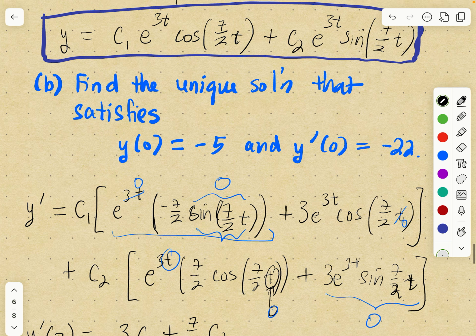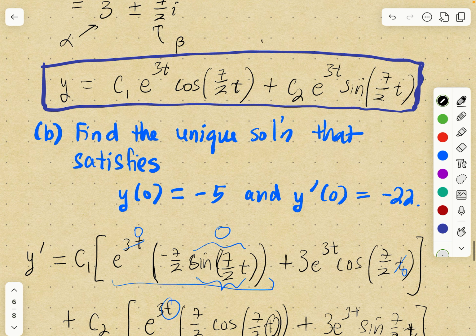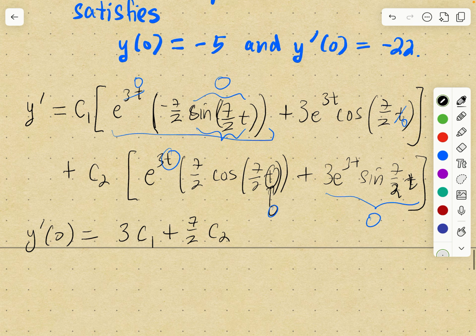And then when I plug in 0 in here, this term is going to be 0 because I get a sine of 0. And then I'm just going to be left with C1 times e to the 0, which is 1, times cosine of 0, which is also 1. So I just have y of 0 is C1. So let's just write that down.